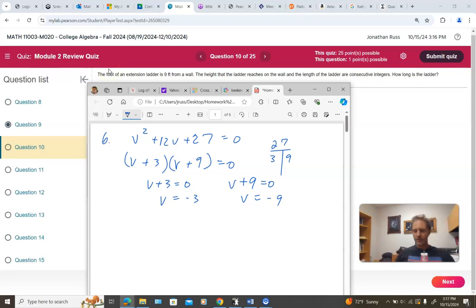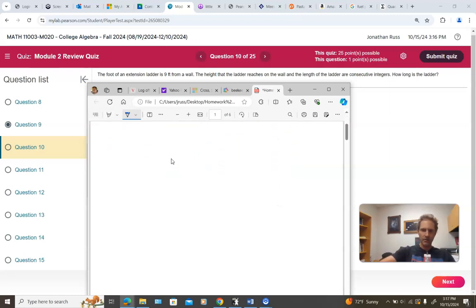So, draw yourself a little picture if you need to. So the foot of an extension ladder is 9 feet from the wall. So that means this distance is 9 feet, okay? And then here's the ladder. So this is going to make a right triangle.